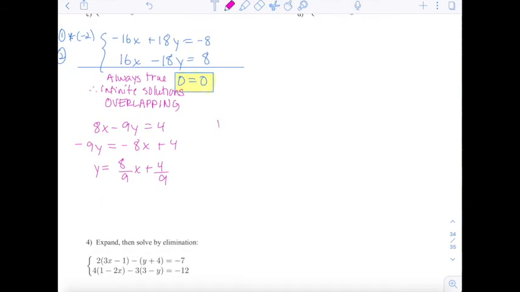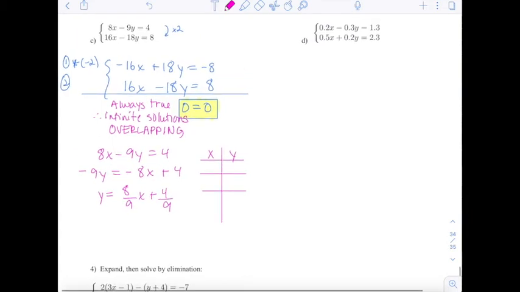The way I do that is by isolating y, or putting it in the form y equals mx plus b, and then I'm going to choose 3 x values, and I'm going to calculate the associated y values. Because these will be 3 points on this pink line, and as we know, both equation 1 and 2 are represented by this pink line.